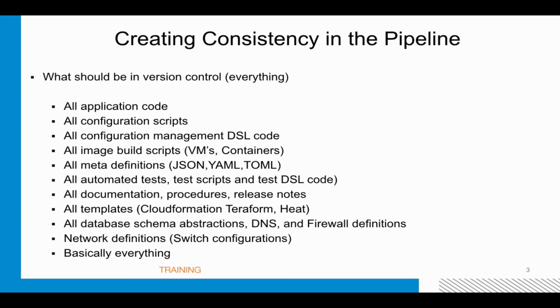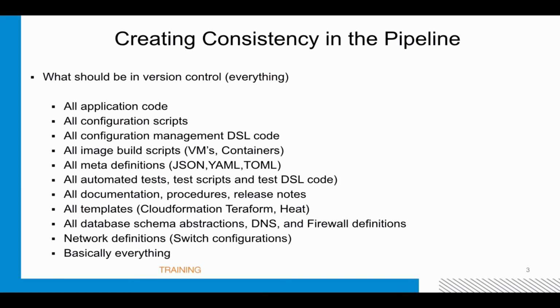All application code, all configuration scripts, any DSL of any configuration management, images that build containers and VMs, metadata, config like your JSON, your YAML, your TOML, your automated tests, your test scripts, your test DSL code, your Cucumber, Selenium, whatever you're using. Your documentation. GitHub now can support PDF. It's been a while now, but PDFs or your documentation, all that stuff, and documentation as code, right?